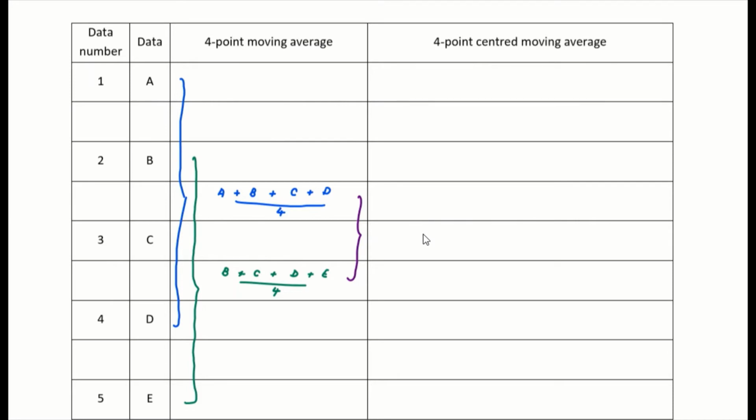We can write it this way. We are going to add them up together, right? So A plus B plus C plus D divided by 4. Then after that, we add this value, which is B plus C plus D plus E, divided by 4. After we add these two values together, we divide by 2.